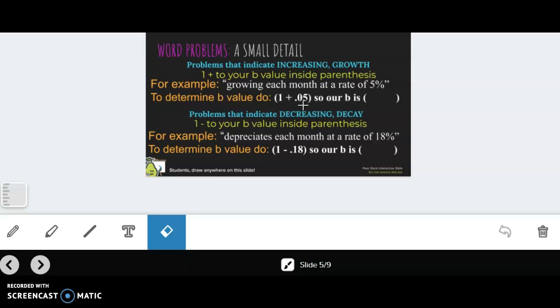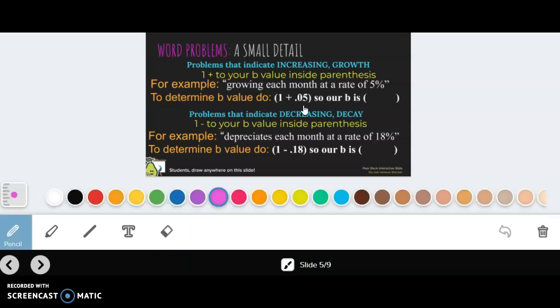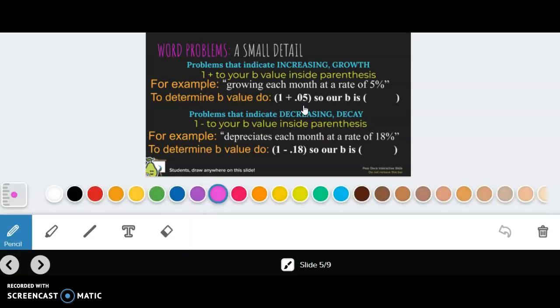Okay, so then my B value is actually going to be 1.05. That is what I would use in my equation. Now, if your problem is decreasing, we know it's decreasing because the words in the problem tell me it depreciates each month at a rate of 18%.